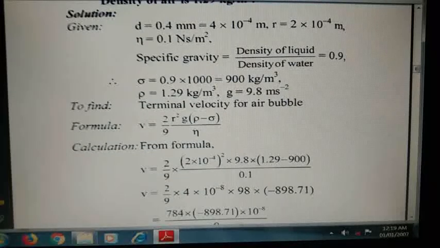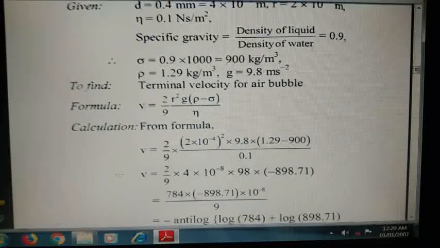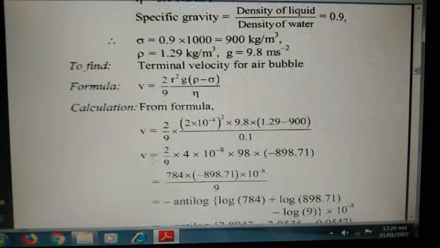It is given by the formula V equal to 2 by 9 r square g in a bracket rho minus sigma divided by eta. Here we substitute the values, we get terminal velocity V equal to 2 by 9 into r square, 2 into 10 to the power minus 4 bracket square, value of g 9.8, value of rho 1.29, then sigma is given 900, divided by eta 0.1.